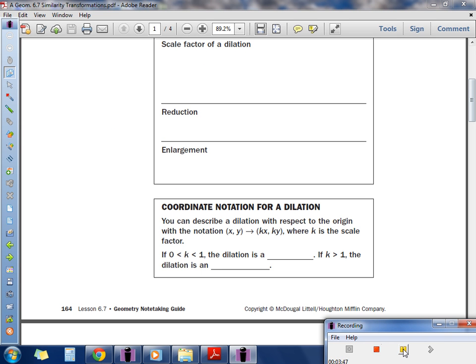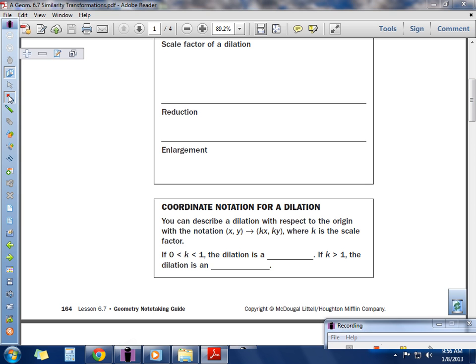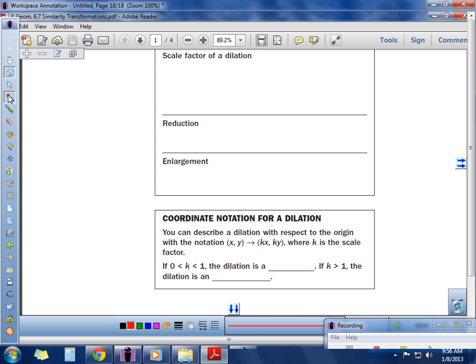Next up, we got to talk about those words, reduction and enlargement. Whenever you reduce the size of something, you're going to be making it smaller. And when you enlarge it, you're going to be making it bigger. So these correspond to scale factors. Whenever you have a scale factor for a reduction, it's going to be less than 1. When you have a scale factor that's an enlargement, it's going to be greater than 1.